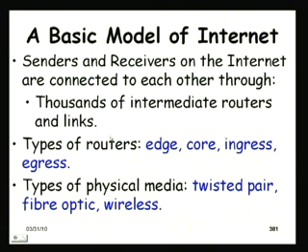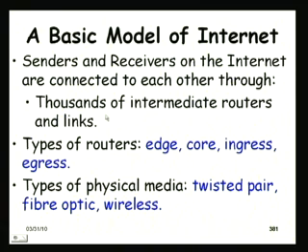Now, before we discuss protocols for supporting real time communication on the internet, let us look at a basic model of the internet. If we try to analyze the internet, we will see that the senders and receivers are connected by thousands of intermediate routers and links.